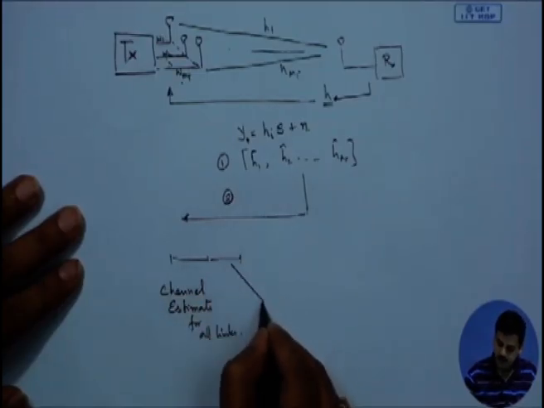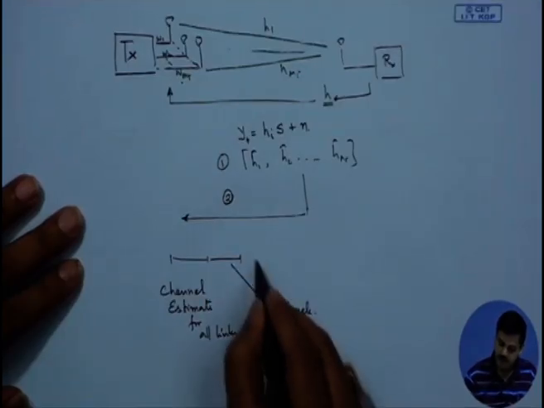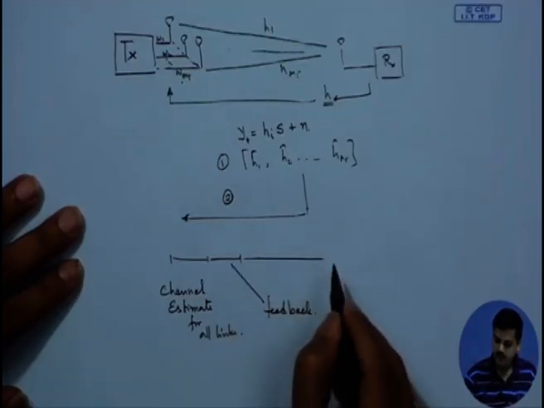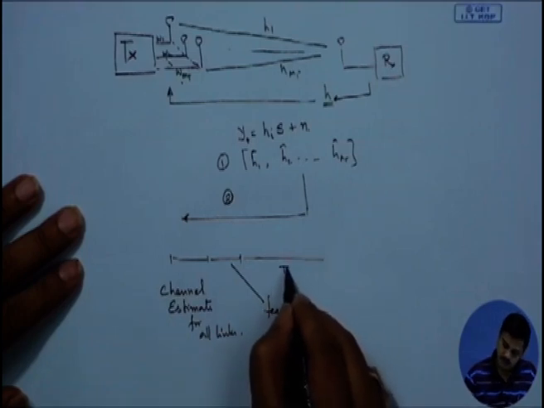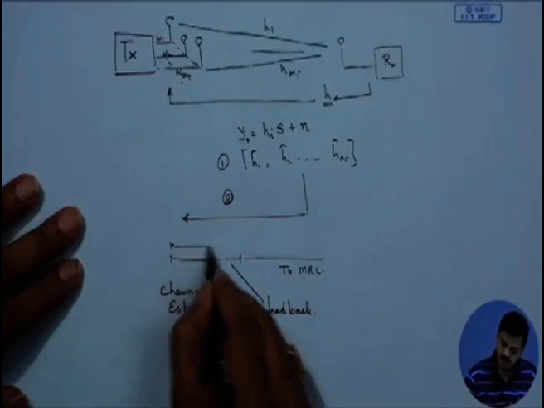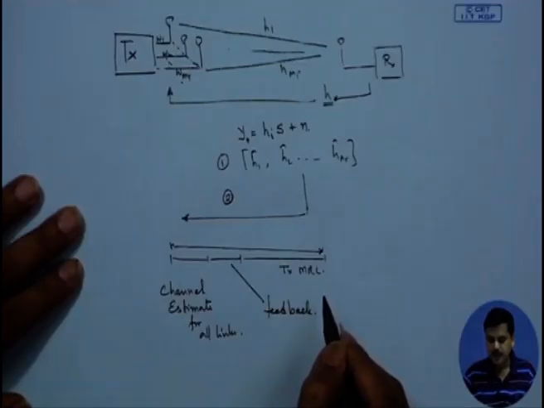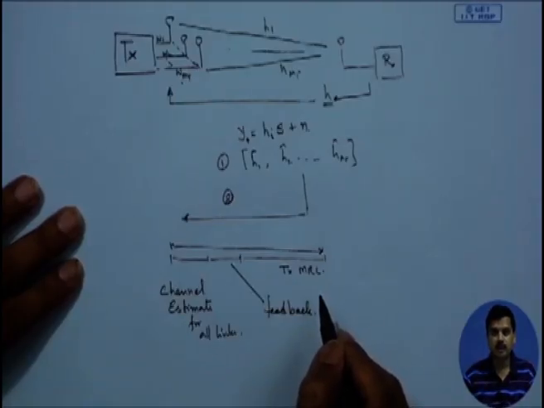Then there is feedback, followed by the subsequent section when you do transmit MRC. So this is the total interval of time, and in the previous case we have assumed that there is a perfect channel estimate. That means the channel is completely known at the transmitter.